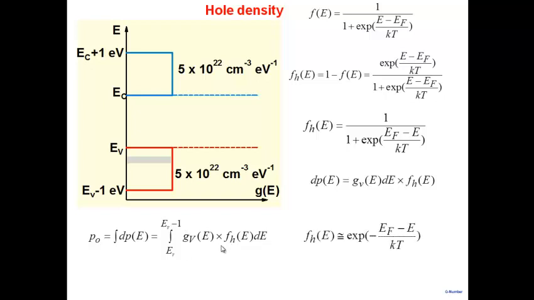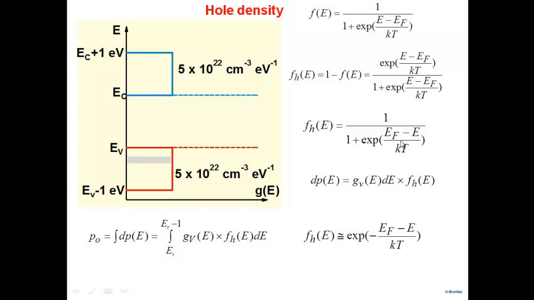Now the next thing that we do is we know that the Fermi energy is going to lie somewhere in the middle of the gap here, and therefore this EF minus E will usually be very large, and this term can again be approximated by simply an exponential. Under typical cases, EF lies somewhere away from the valence band edge, and note that the maximum value of E is EV, and after that E keeps on decreasing here.